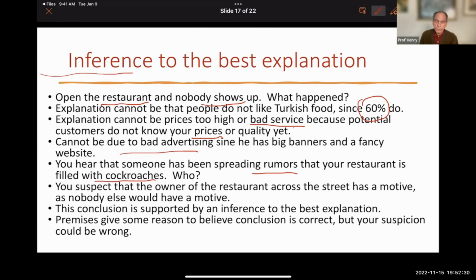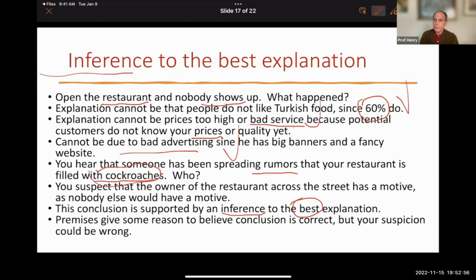This conclusion is now supported by an inference to what you think is the best explanation. Okay. So you think of all the causes. It can't be that they don't like the food, can't be bad service, bad advertising. This guy is spreading bad words about me.